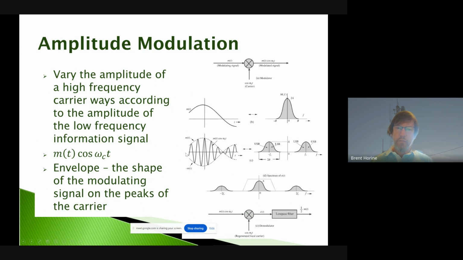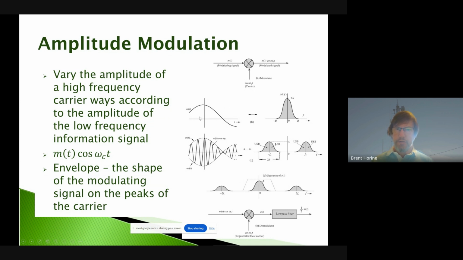Now, you're going to do this in your second MATLAB assignment. You're going to modulate a carrier. You should end up with a signal moving at the carrier frequency, but its envelope, or its amplitude, is varying according to the modulating signal, right?